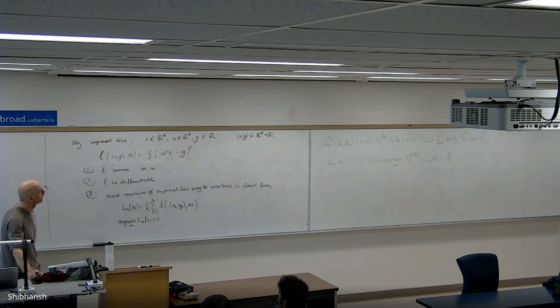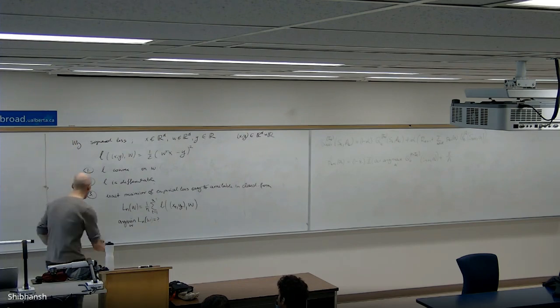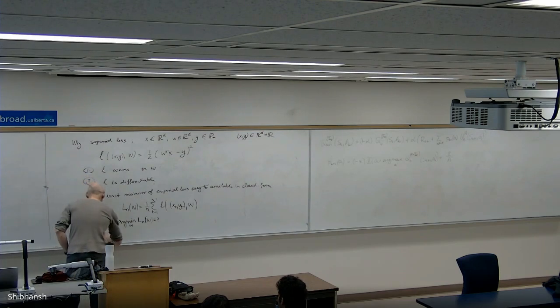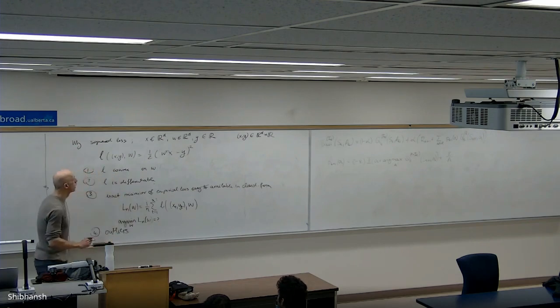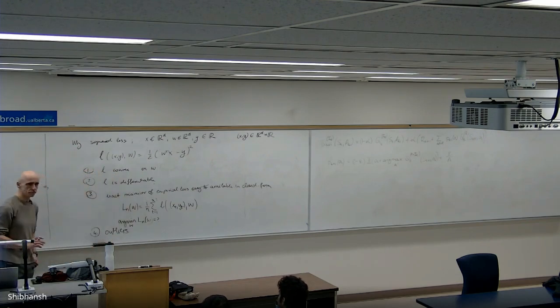Okay. So that's just like W. I don't quite see it, and you were also saying something about outliers. So let me just put outliers here. Okay. And we'll discuss.